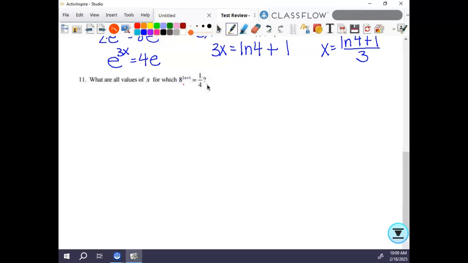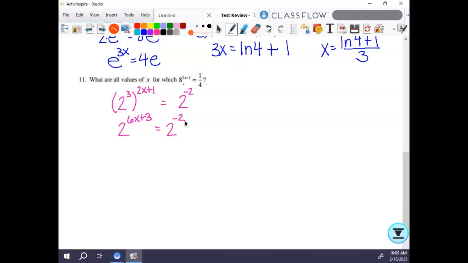So of 4 and 8, I think my common base would be 2. So 8 is 2 to the third, right? So 2 to the third to the 2x plus 1 power can be equal to, 1/4 is the same as 2 to the negative 2 power. So that means this is 2 to the 6x plus 3 power, and that's equal to 2 to the negative 2 power.